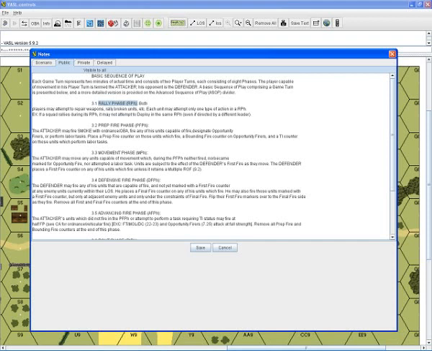Once the attacker has completed his rally phase, the defender will then participate and do his rally phase. Once the rally phase is complete, we go on to the second phase, which is the prep fire phase.